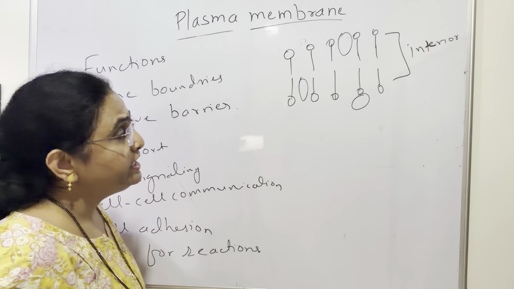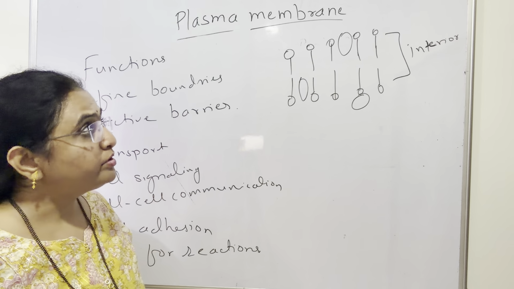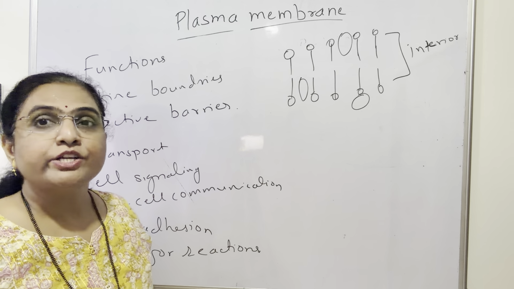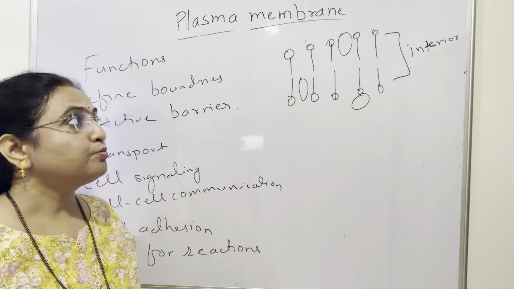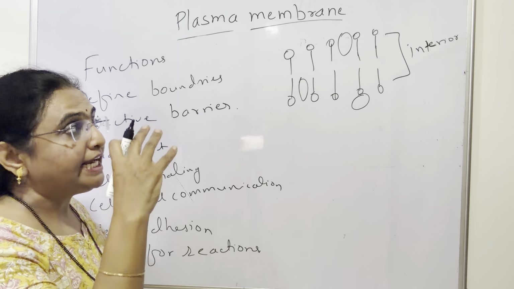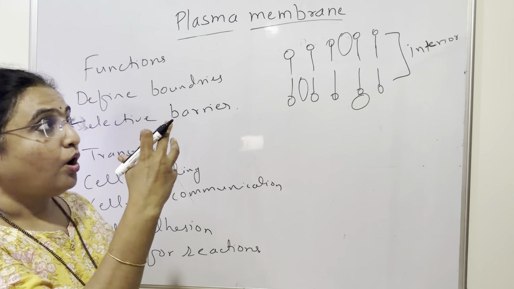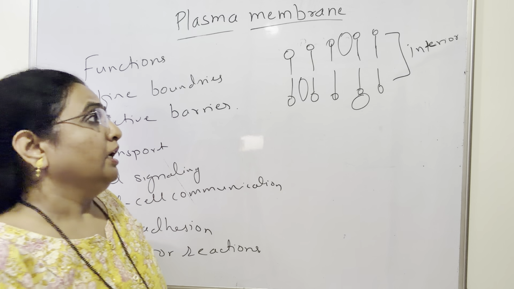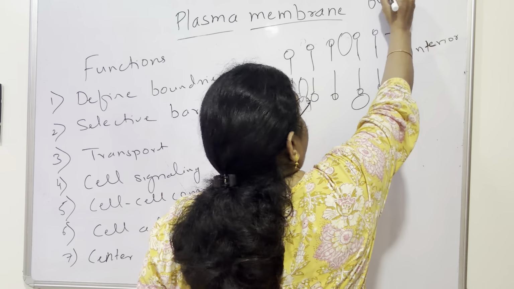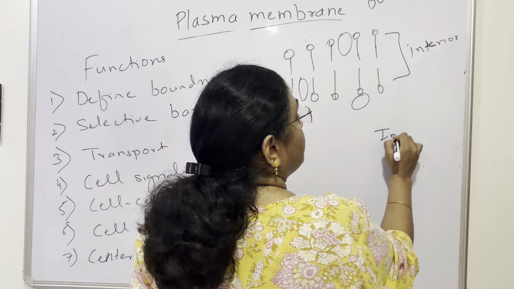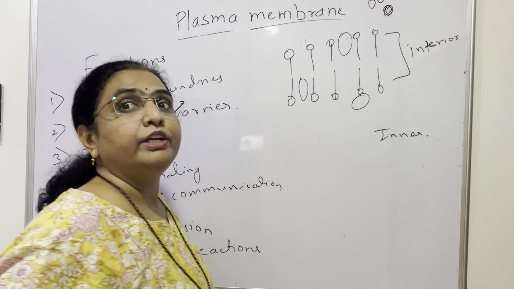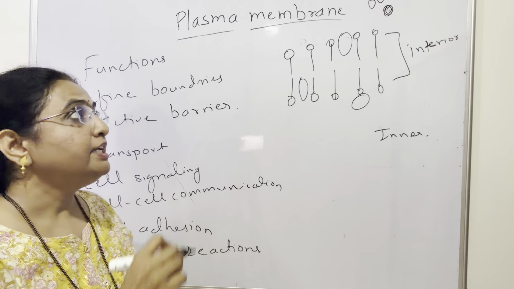When you look at this interior of the lipid bilayer, you observe that its nature is hydrophobic, because the tail region of the phospholipids is present there. That's why the interior of the plasma membrane is hydrophobic. Now suppose this is an outer environment and this is an inner environment, and here is a molecule that is hydrophilic, or water soluble.